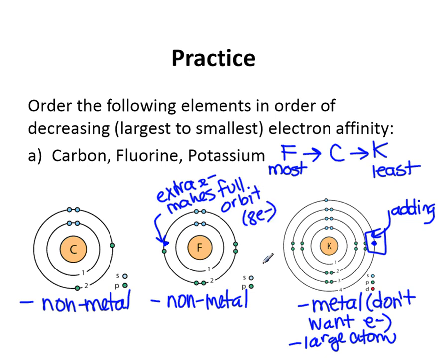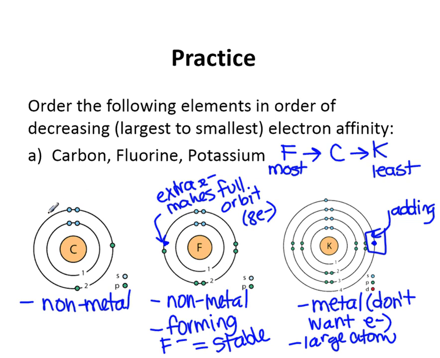So it makes 8. And when it's full, it makes it more stable. So forming an ion, it would form the fluorine -1 ion called fluoride ion. This is very stable and actually makes that element very happy. So it really wants that electron.